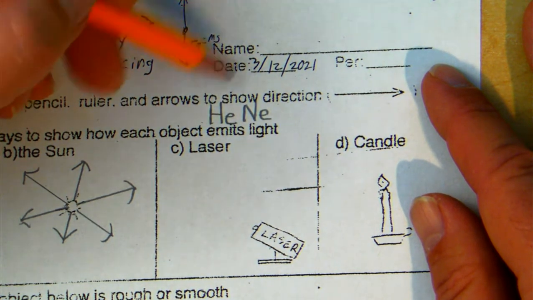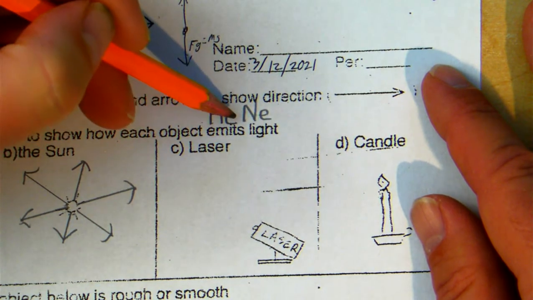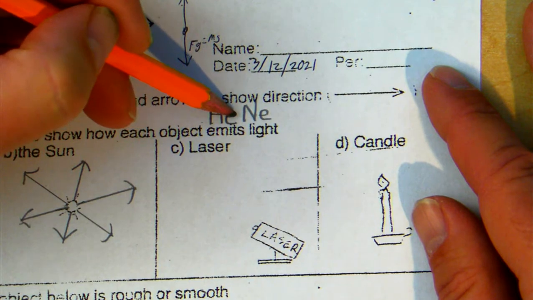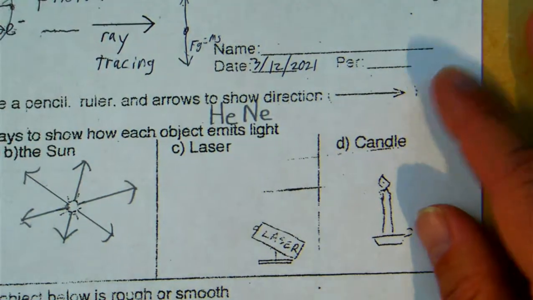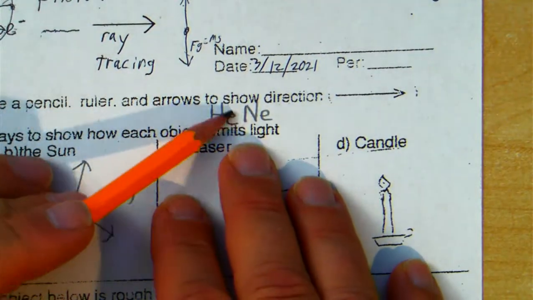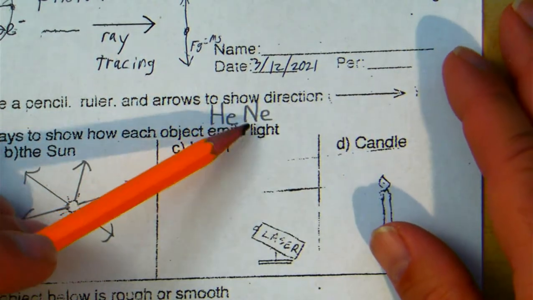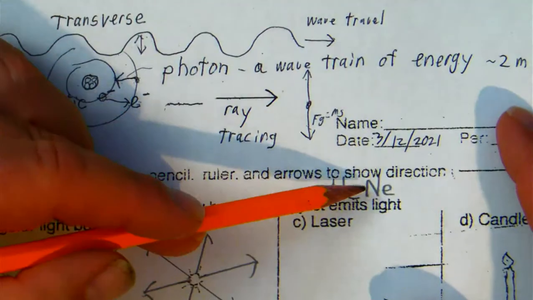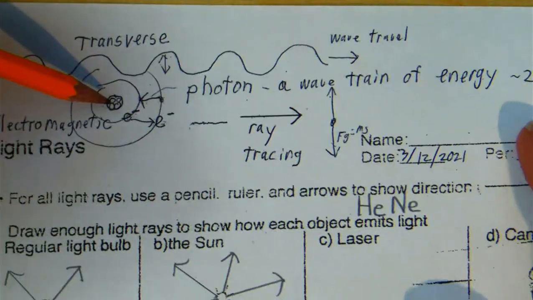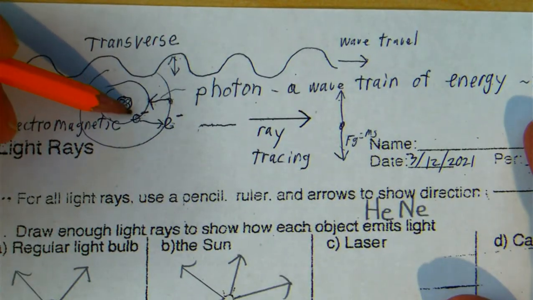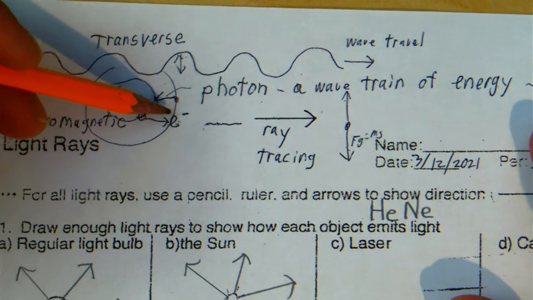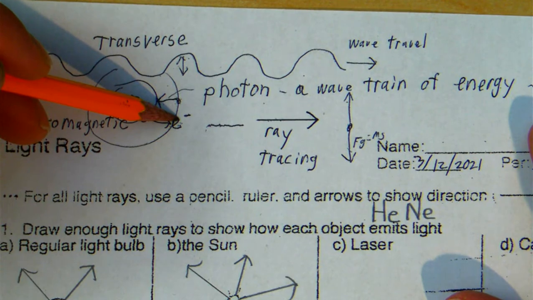Not long after that, gas discharge plasma tube lasers were invented. And so I want to explain a little bit about how they work. When you have the right mixture of these two gases, you have a combination that lets the electrons linger for a little while in an excited state.